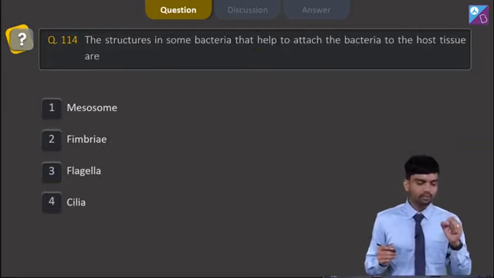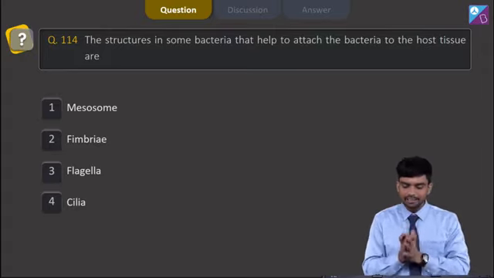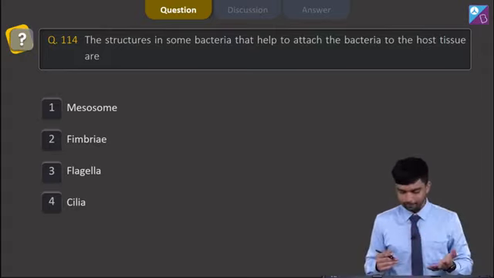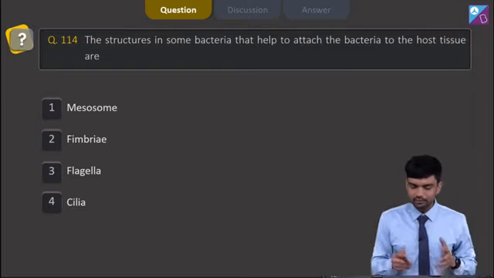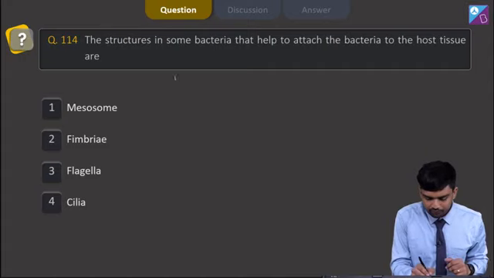We come to question number 114, which says the structures in some bacteria that help to attach the bacteria to the host tissue are. The structure which helps the bacteria attach to the host tissue is fimbriae.